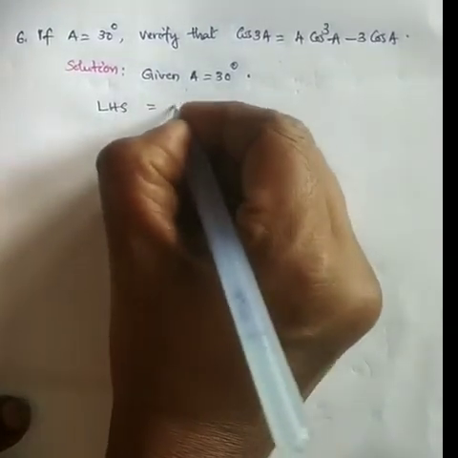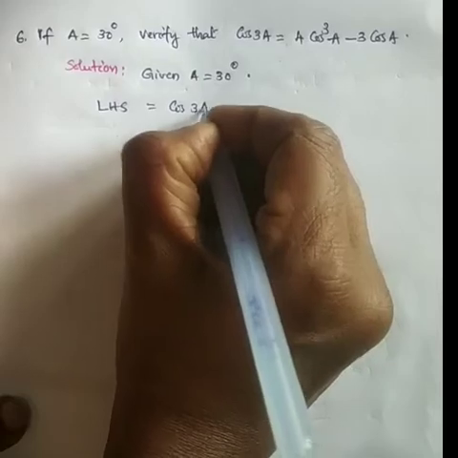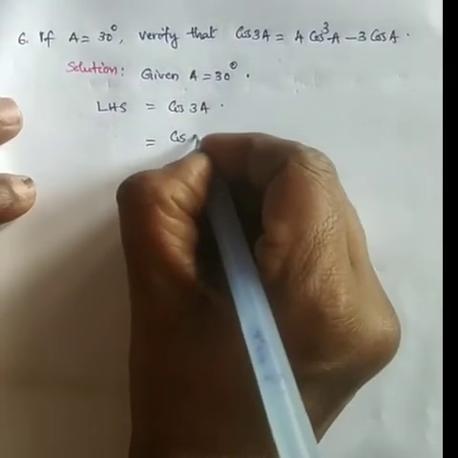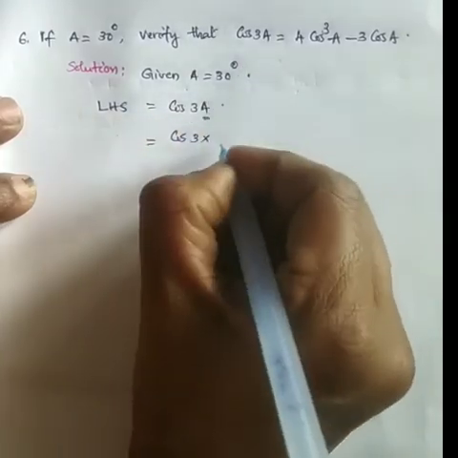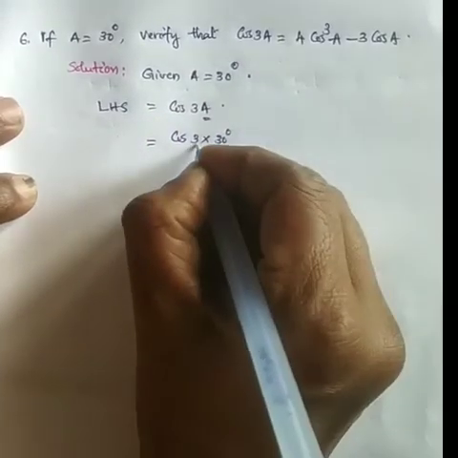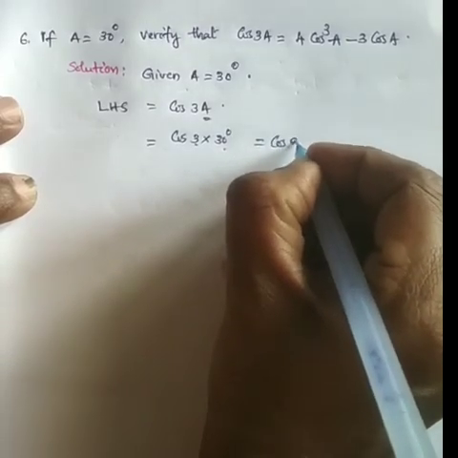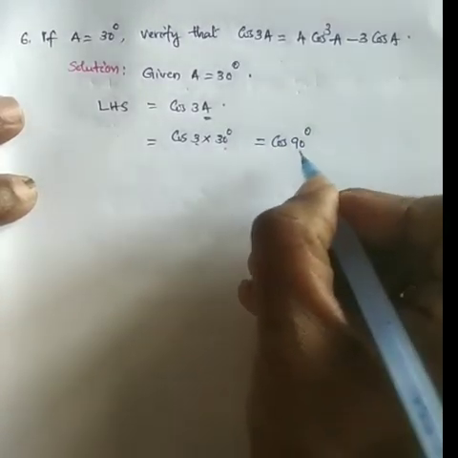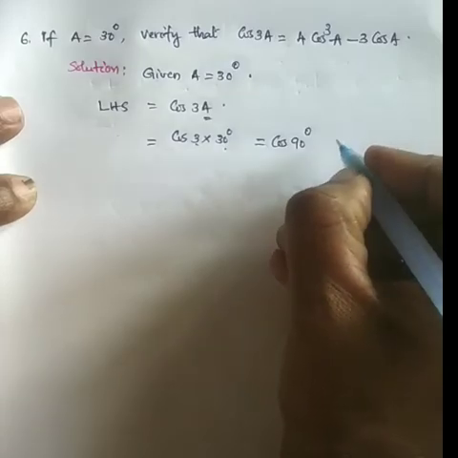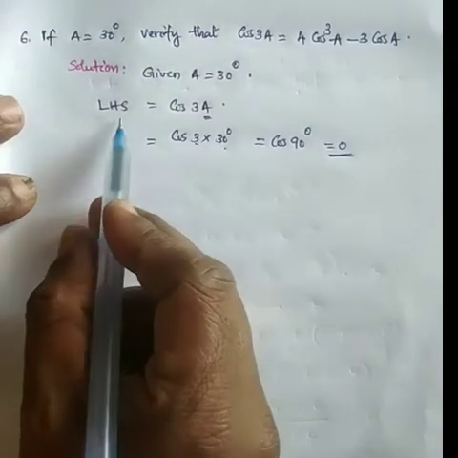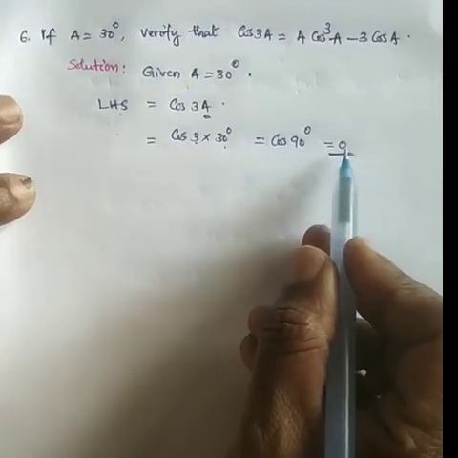LHS equal to cos 3a. That's equal to cos 3 into 30 degree. 3 into 30 degree is 90 degree. It's equal to cos 90 degree. We know that cos 90 is 0. So the value is 0. Therefore LHS is equal to 0.